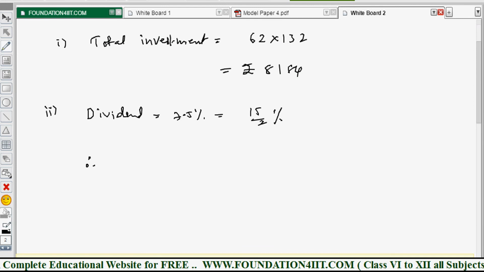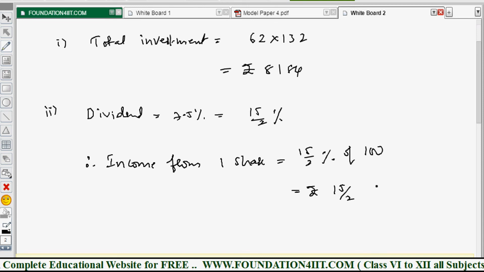Therefore, income from one share is equal to 15 by 2% of nominal value, which is 100. So 15 by 2% of 100 is again 15 by 2, so rupees 15 by 2.